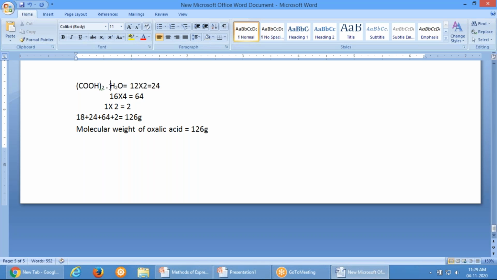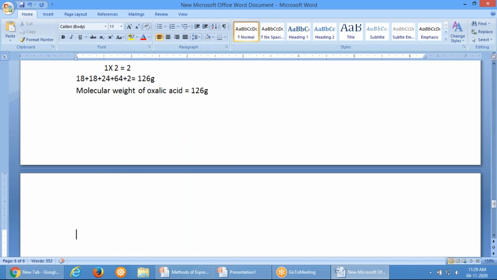So it is 2 molecules, it will be plus 18. There will be 36. It is dihydrate, right? 2 molecules of water, 18 plus 18. So the molecular weight is 126.